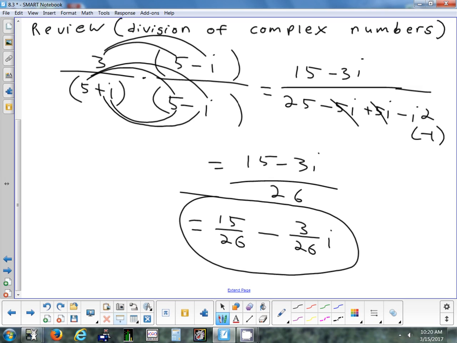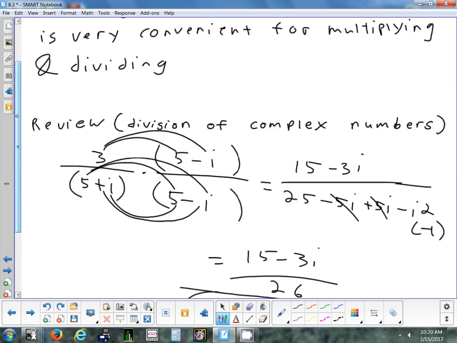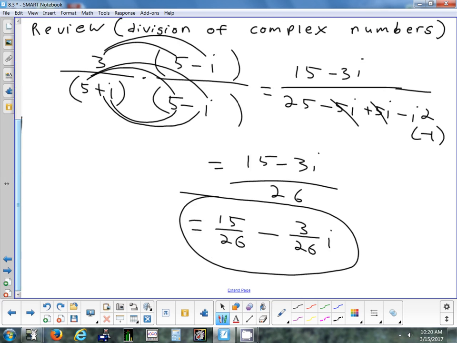So you have to find the conjugate, FOIL it out, combine like terms, change i squareds to negative 1s, combine like terms again, and then separate it into real and imaginary part. There's a lot easier way to do this if we use trig form instead of standard form. Okay, but any questions on the old way? Okay, we did that probably way back at the beginning of the year.